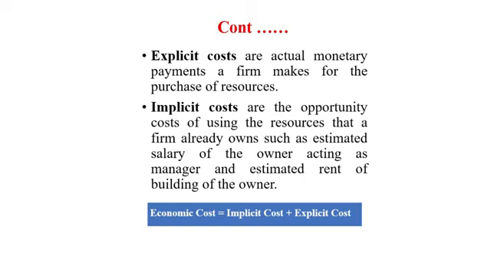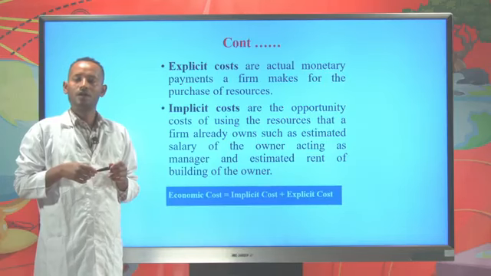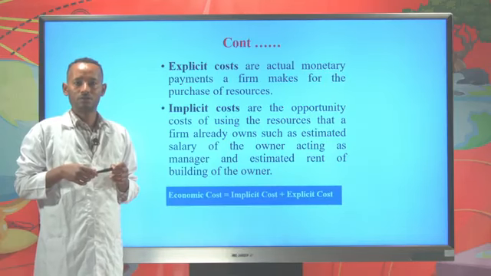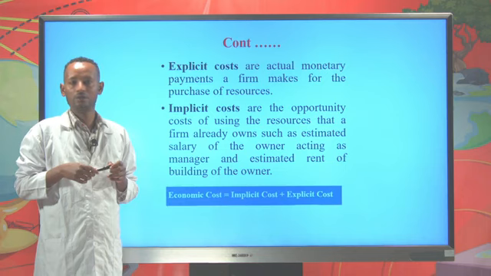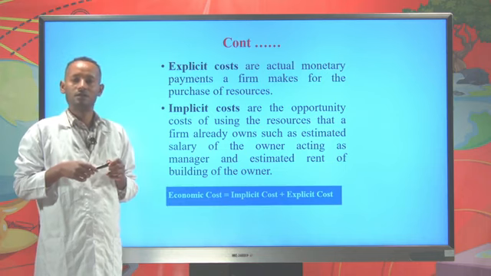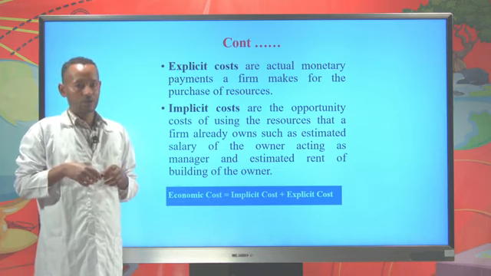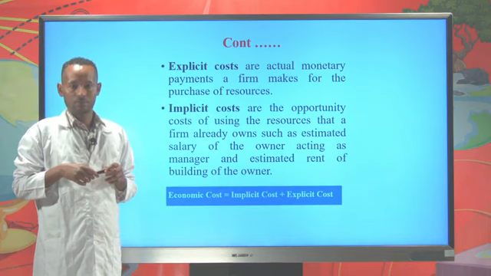For example, the estimated rent of a building of the owner is considered as implicit cost. For example, in Ethiopia, most owners engage in production using their own sheds or buildings, and this cost of estimated rents is considered as implicit cost.